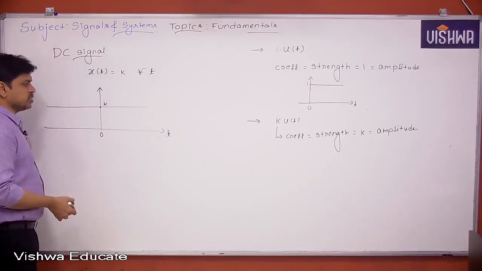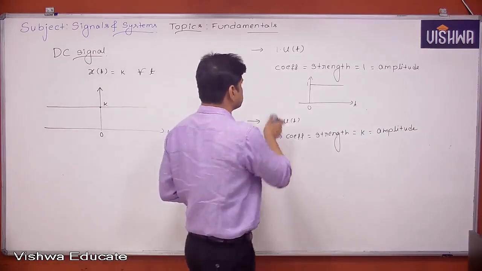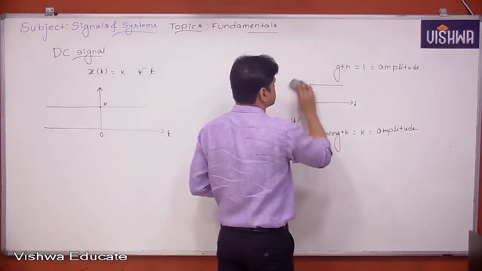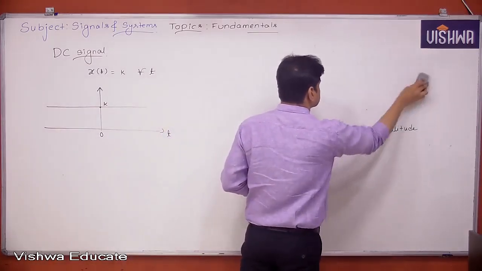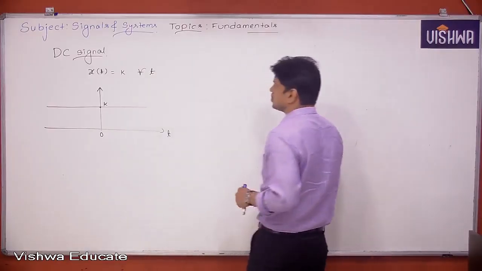Still its value is k only. Okay. Take it, DC signal.